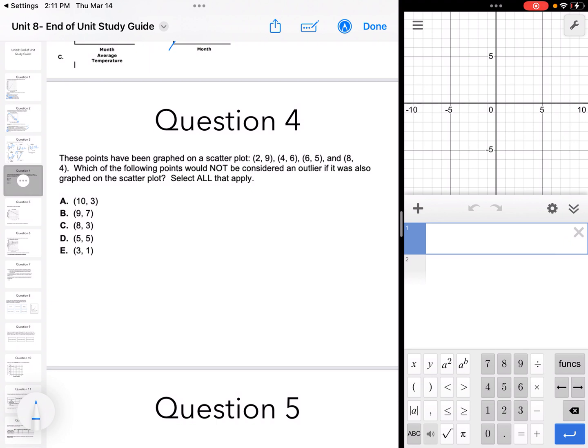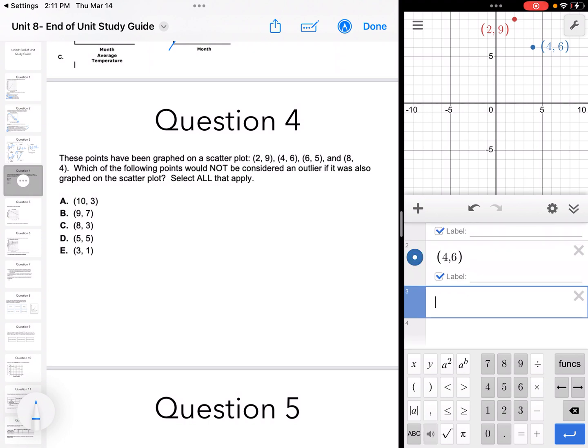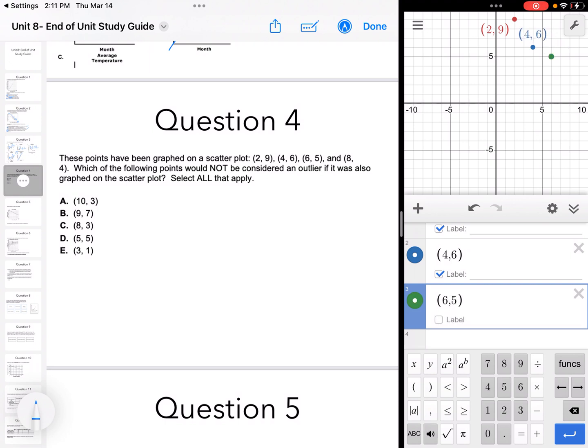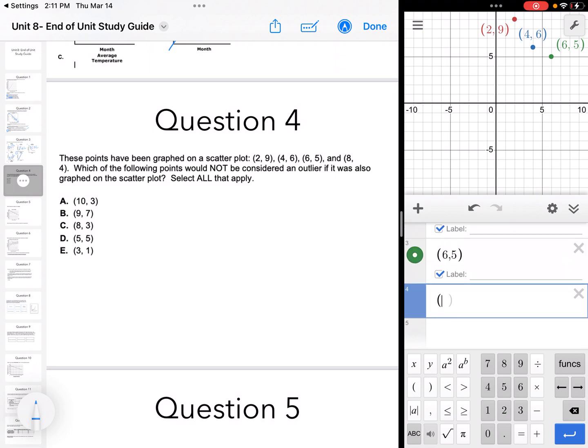Okay, so if I wanted to put my points on here, I wonder if I can use Desmos to do it. 2, 9, and then 4, 6, and then 6, 5, 8, 4.